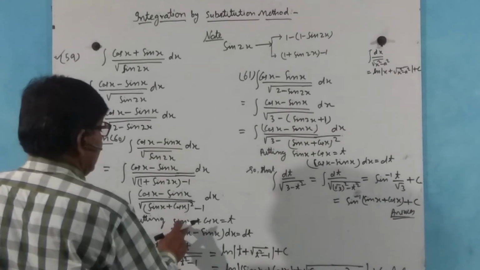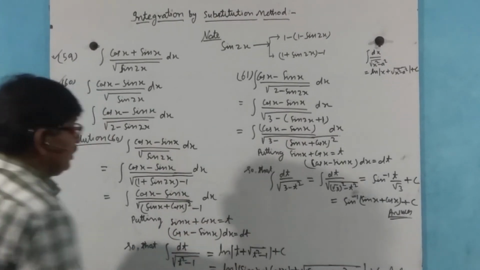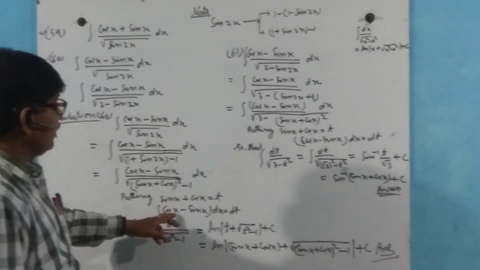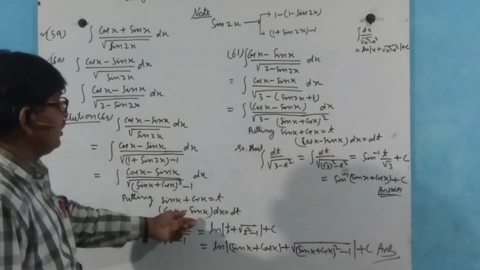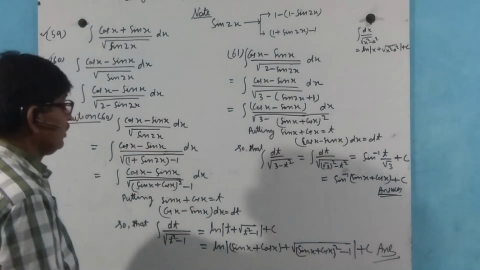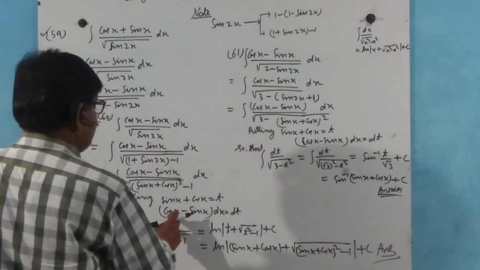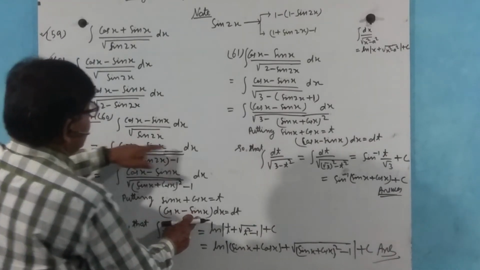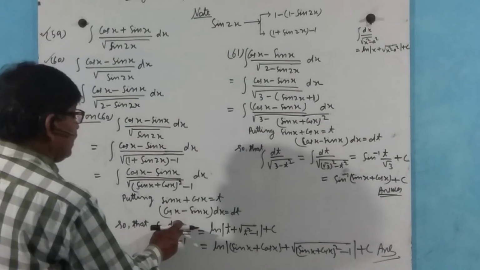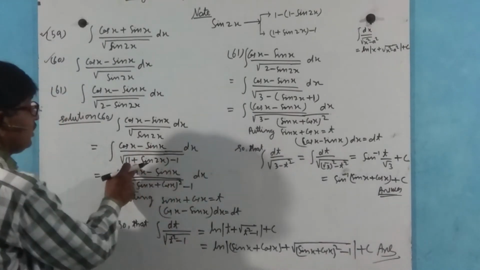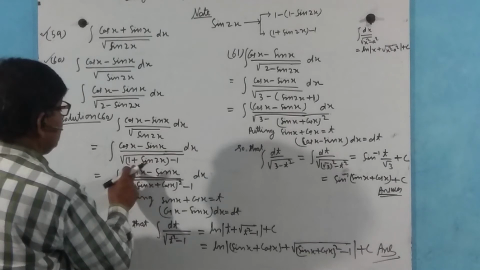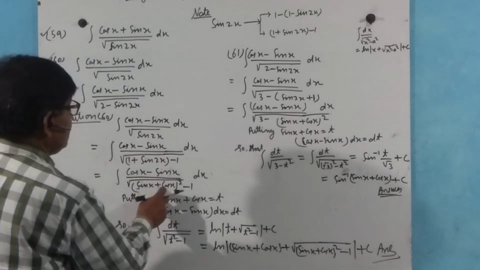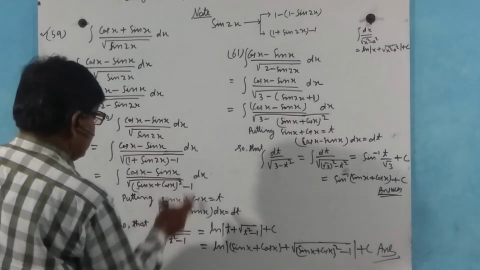Putting sin x plus cos x equal to t, then differentiating it with respect to x, we get (cos x minus sin x) dx equal to dt. So in place of this our integral becomes dt divided by under root of t square minus 1.